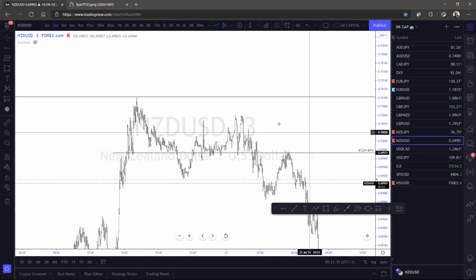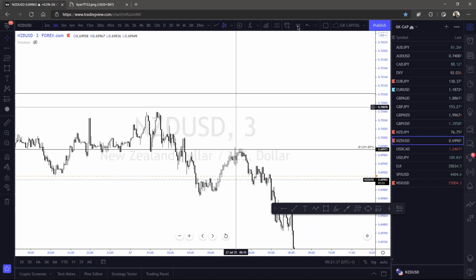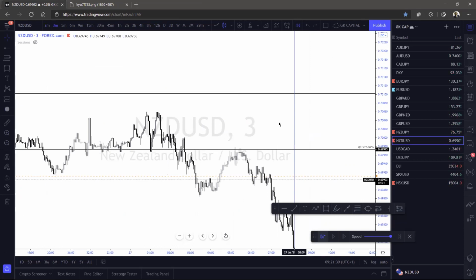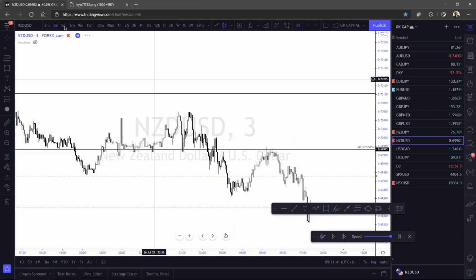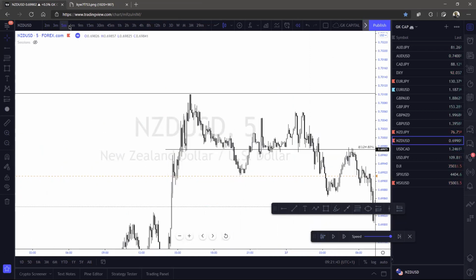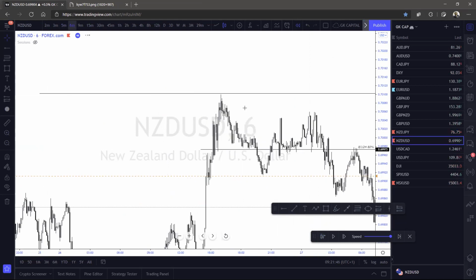Framing imbalance as well. 5 minute, 6 minute.